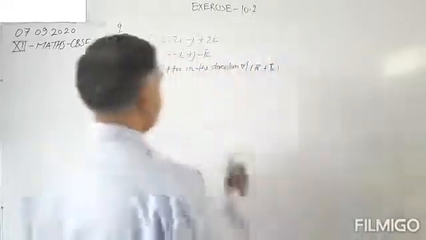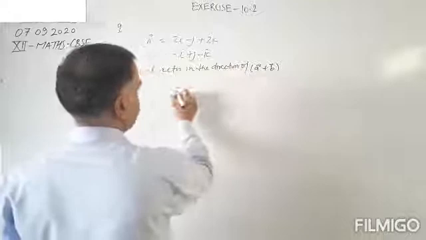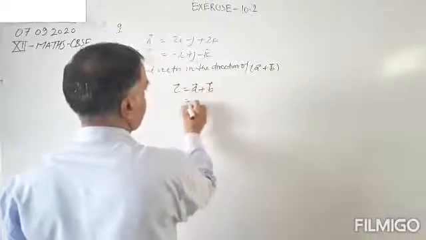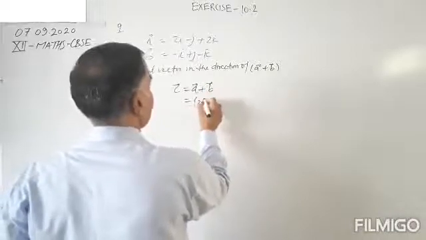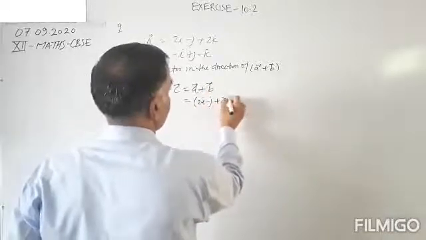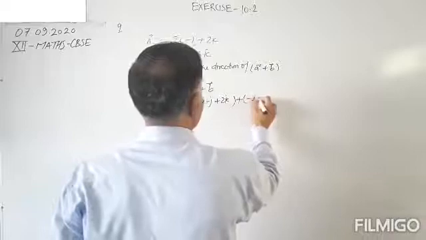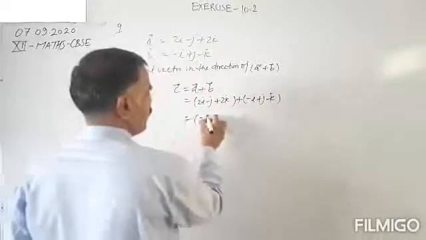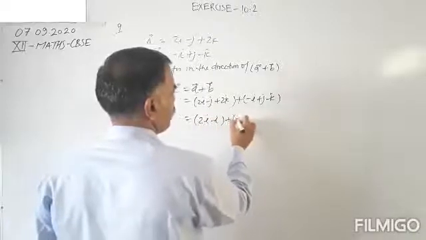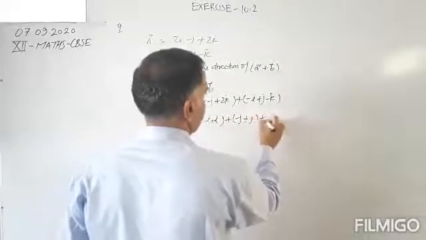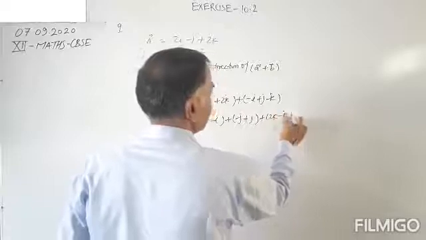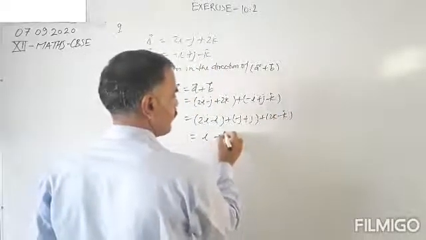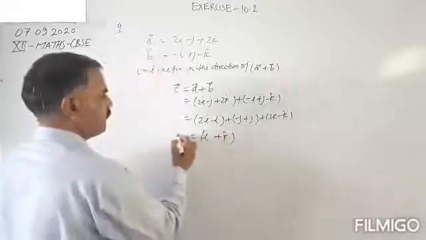So a vector plus b vector is equal to 2i minus j plus 2k minus i plus j minus k. So this is equal to 2i minus i, minus j plus j, 2k minus k. Okay, so this is equal to i cap plus k cap. This is c vector.